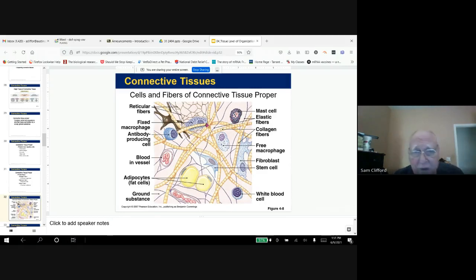So you have the cells of the cartilage itself, which is in the ground substance. Here is a fibroblast. That's going to make these fibers and make this cartilage. So there'll be cells to produce antibodies, cells to consume the bacteria that may get in here or help clean up dead cells.